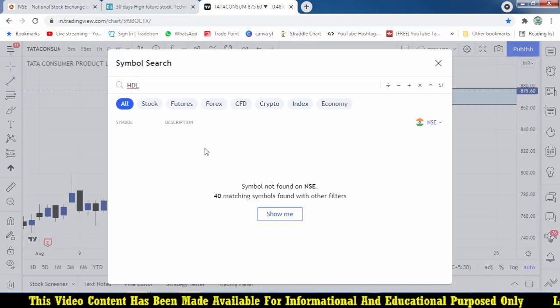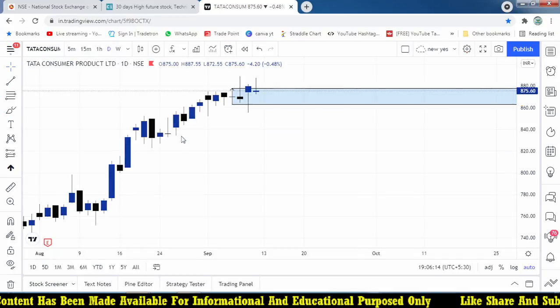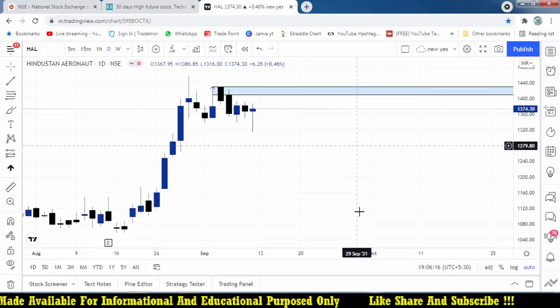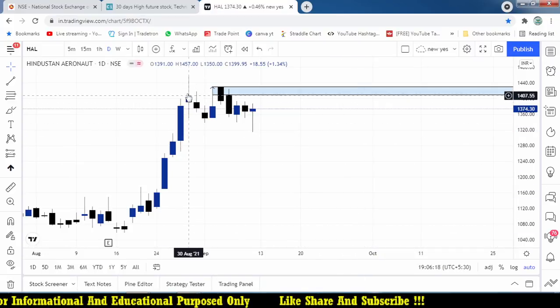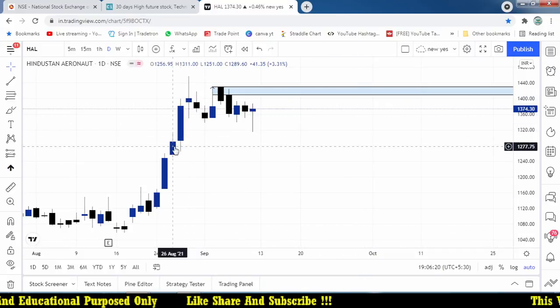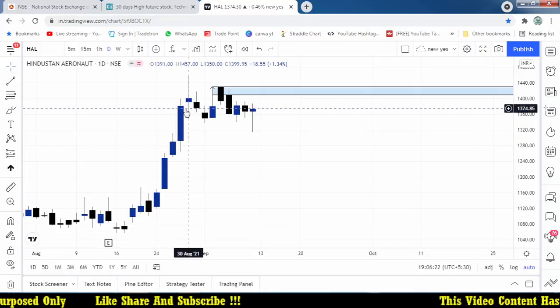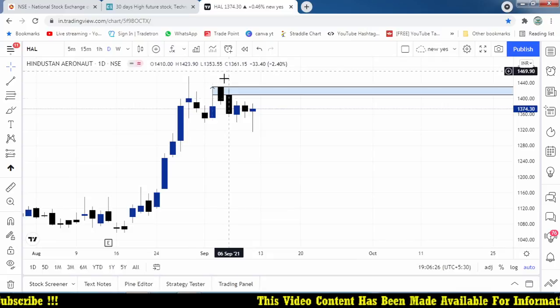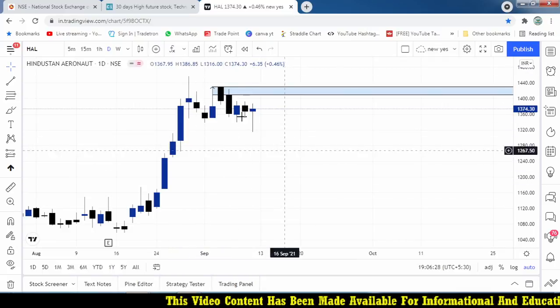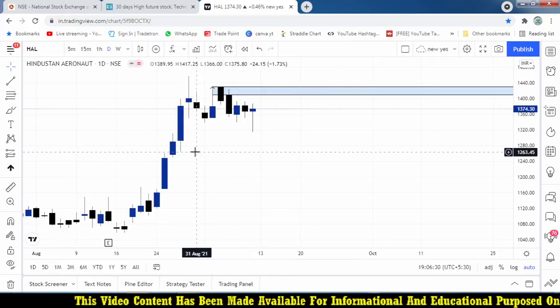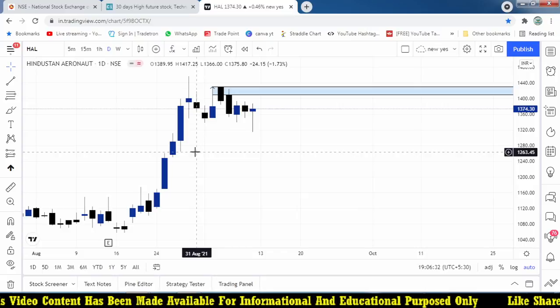Because the market is at its highest level, every stock forms this kind of pattern. 27th is the highest level, and even 30th also. It will keep on moving higher. We don't have an opportunity until it closes below this level, after that we take an entry.